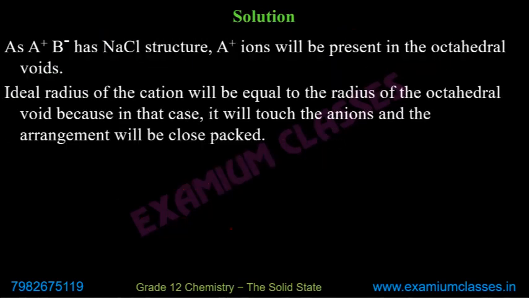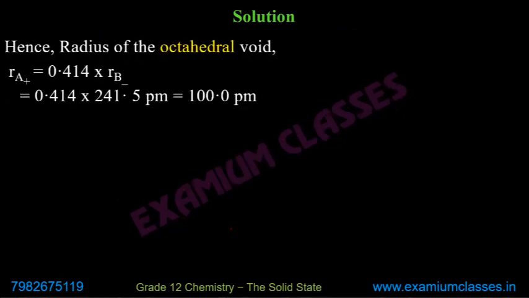So first part, simple. Substitute the value, get the answer. So you got 100 picometer as the maximum radius which can be there in octahedral voids. The cations can have a maximum radius of 100 picometer.